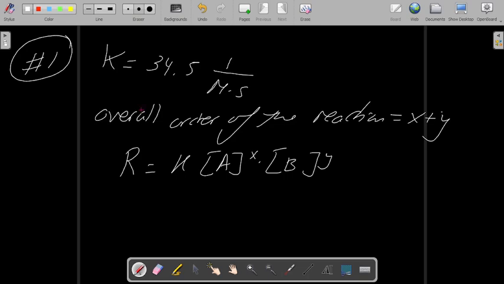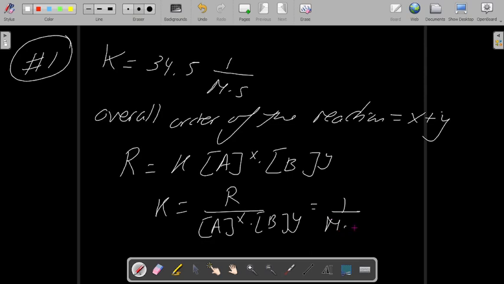So the constant equals what? It's the rate divided by the concentration of A to the X multiplying the concentration of B to the Y. And this has to be 1 divided by molarity divided by also the time, seconds.